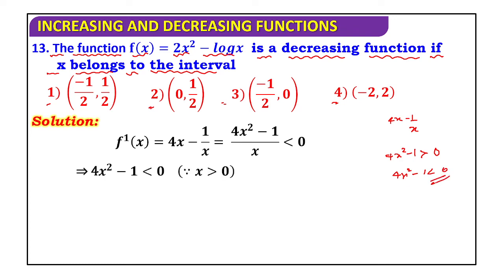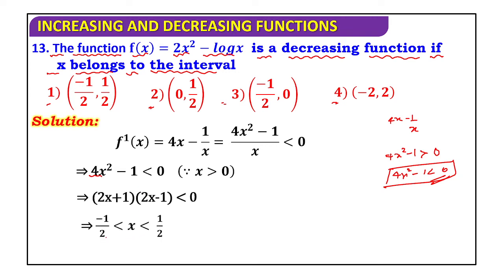Here they have asked for a decreasing function, so we take the second one, that is 4x square minus 1 should be less than 0. Therefore, x must be in between minus 1 by 2 and plus 1 by 2. You differentiate this: the derivative of log x is 1 by x, and the derivative of 2x square is 4x.